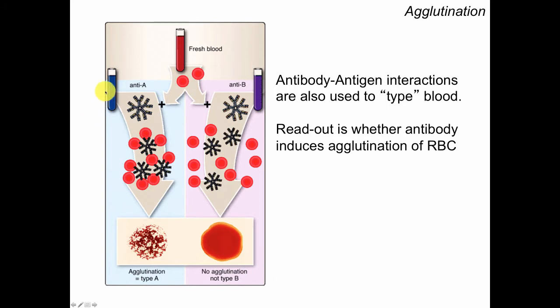In this case, you might add an antibody that's specific for red blood cell type A, and if this person's blood contained red blood cells with that type, the antibodies would engage with the antigen on the surface of the red blood cell and cause clumping, or agglutination, of the red blood cell. Whereas if you added antibodies that recognize the type B antigen, these antibodies would not interact with the red blood cell, and so no agglutination would occur. So this is another very simple, very old test using antibodies to determine what blood type someone is.